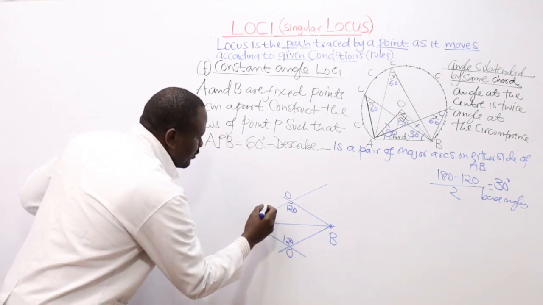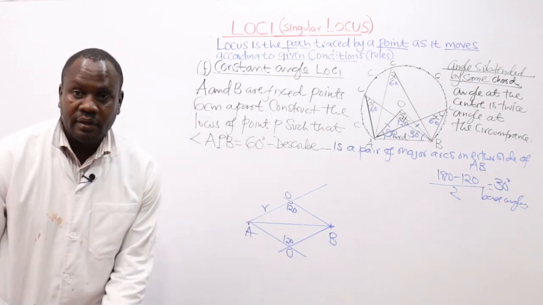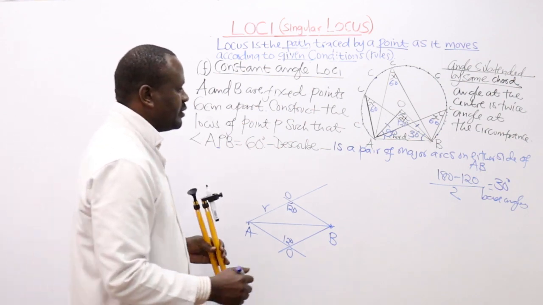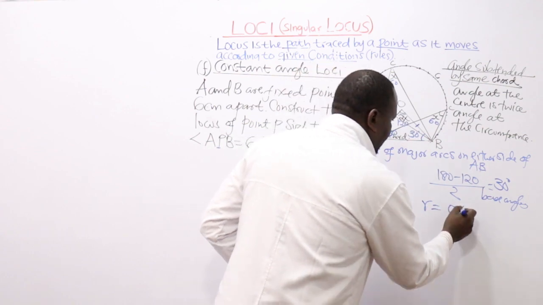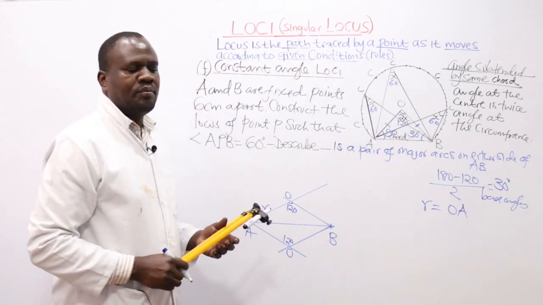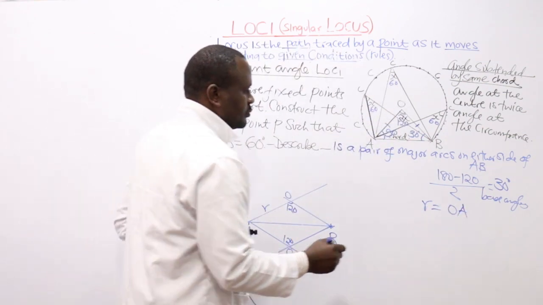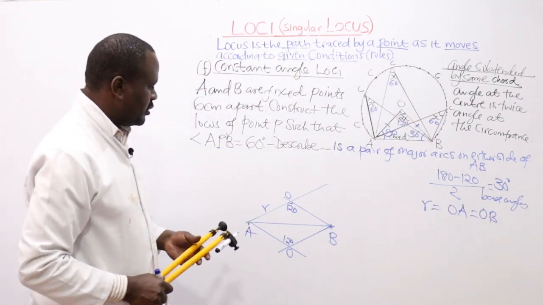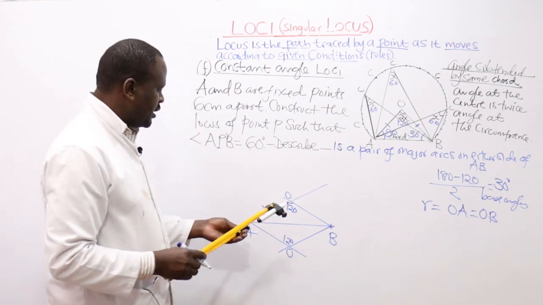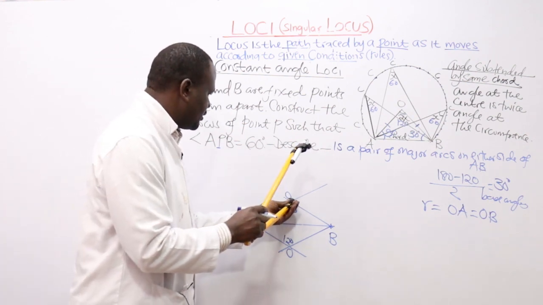The radius is this one. The radius is OA, or OB, or any of those. Now, you get the radius. The center is that one.